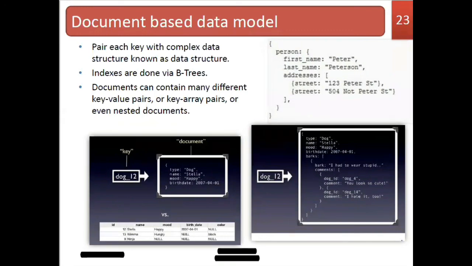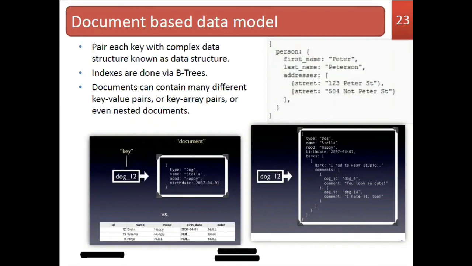The data structure can also be nested. As you can see in the diagram, a person's first name and last name are given, and then again an address, with street and so on, right? If you save the data in this data structure format, it is called the document based data model. This is called a nested document or nested structure.